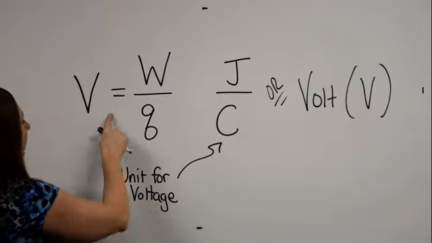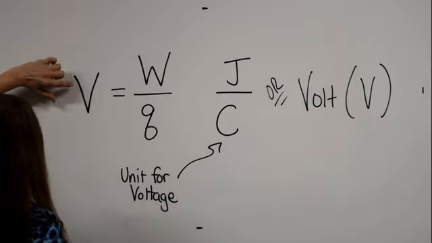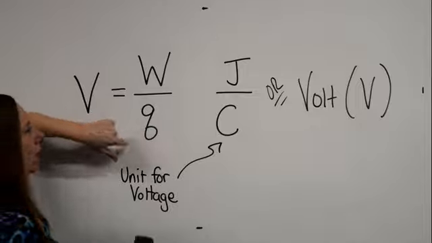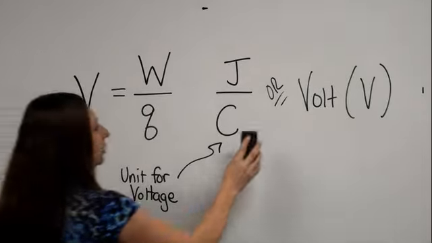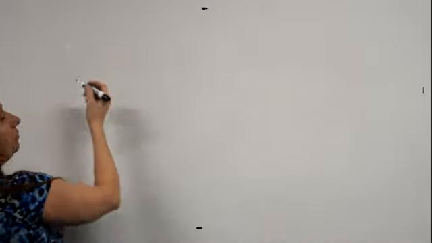Now, let's take this equation, let's solve it for W, and let's solve it for Q. We're going to do a little bit of algebra and solve for the various physical parameters.